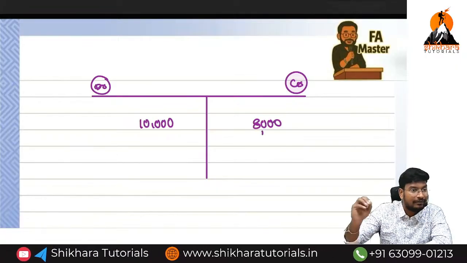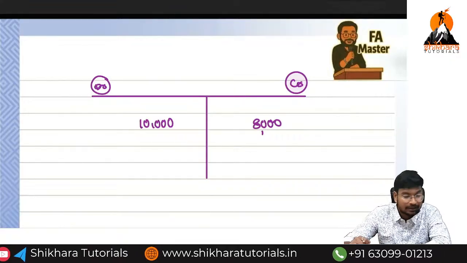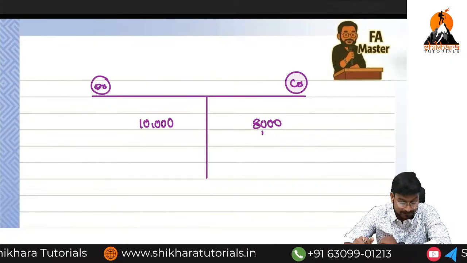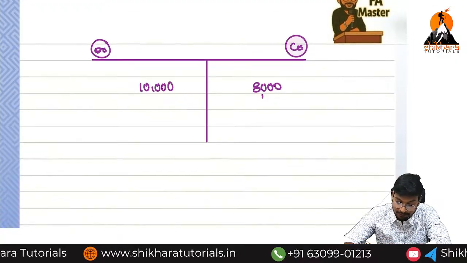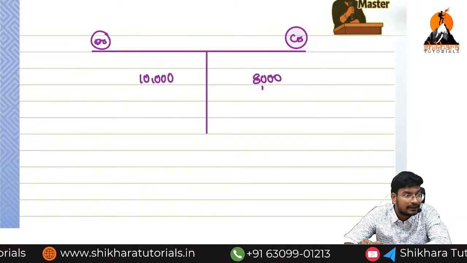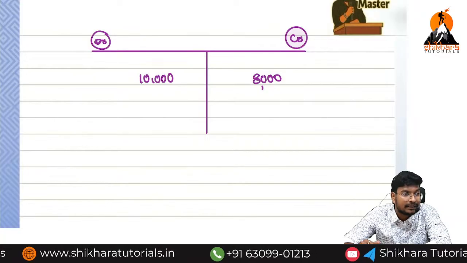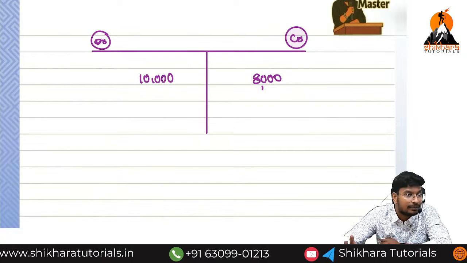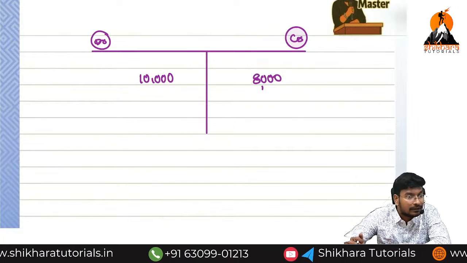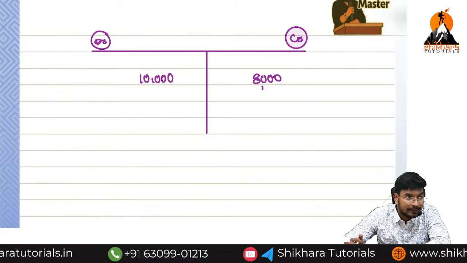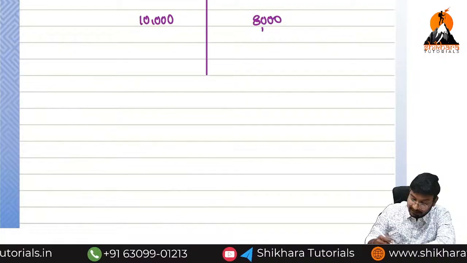Which side is more? Debit side is more than credit side. That means this particular account is showing which balance? Debit balance. Debit balance means in a particular account, debit side is more than credit side. So what is the meaning of debit balance, Suma?